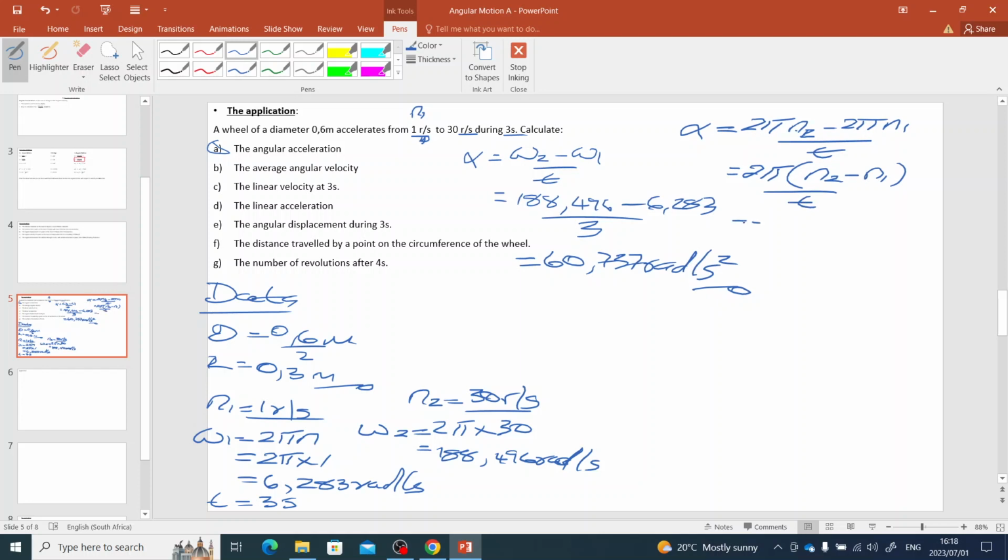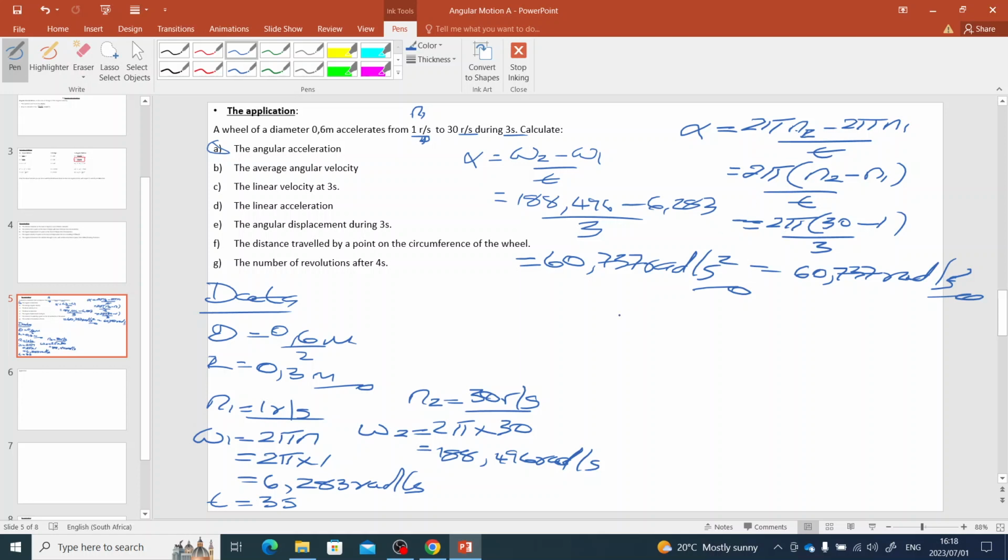Then it is the same thing. It is 2 pi open bracket 30 minus 1 divided by 3. Then our answer would be exactly the same, 60.737 rad per second squared. You can take that approach as well, whereby you take out the common factor.